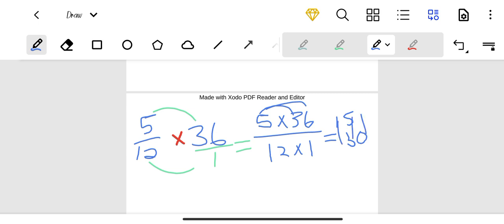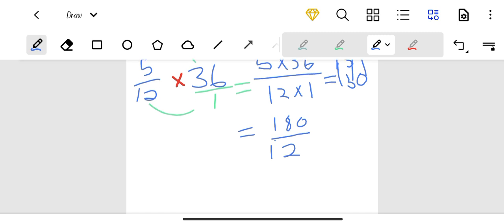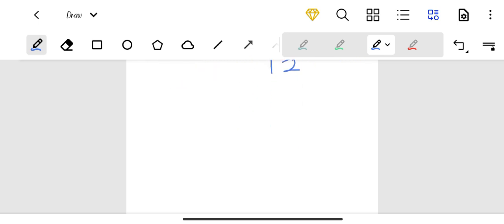So it means that the answer there is going to be 180 divided by 12. Okay, my 12 is not good looking. The next thing that you do, you just have to divide that by that. So let me just use the long division method.